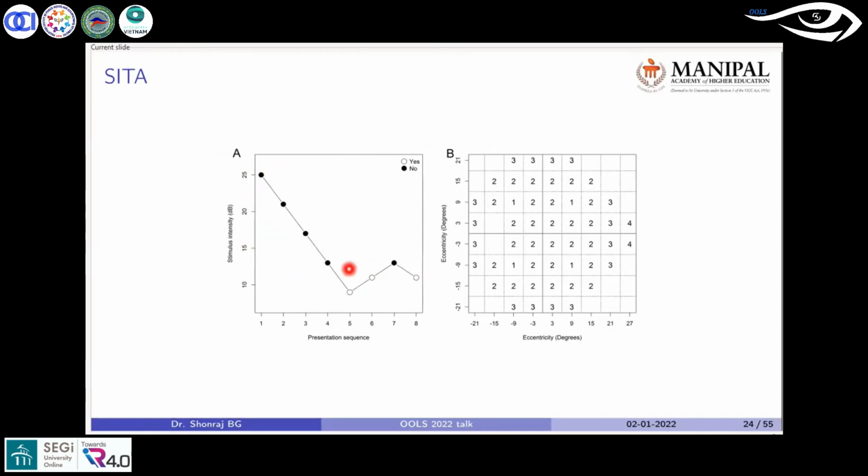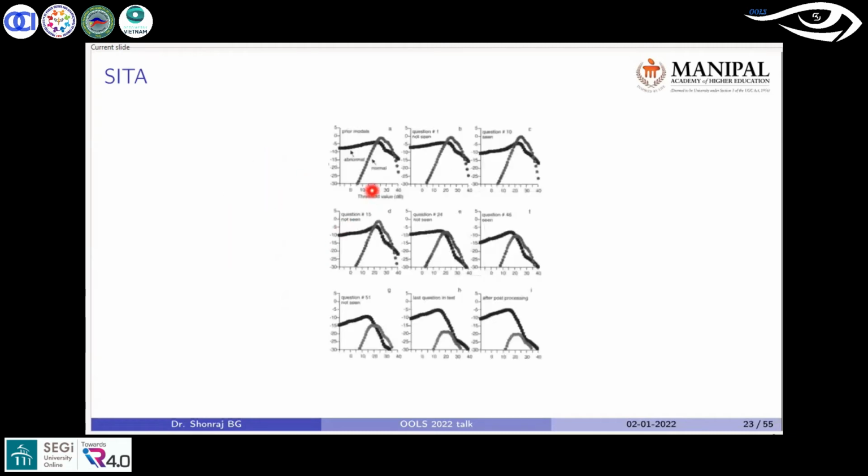So it follows a staircase step size stimulus presentation sequence, but for every presentation, like question 1, question 10, this probability mass function is constantly altered.